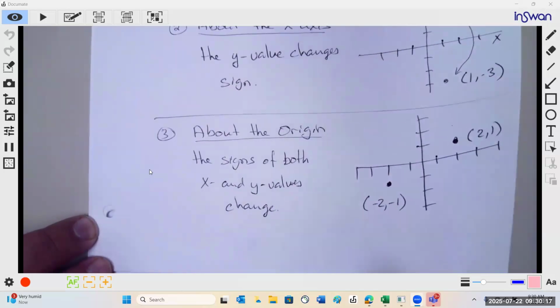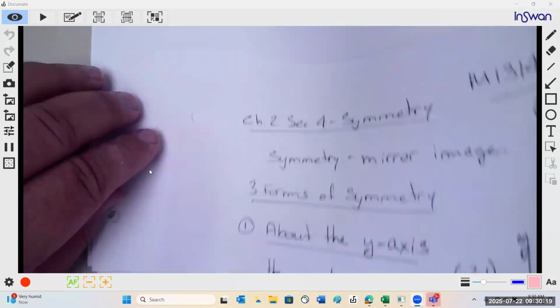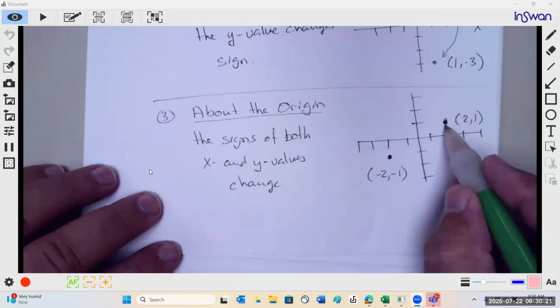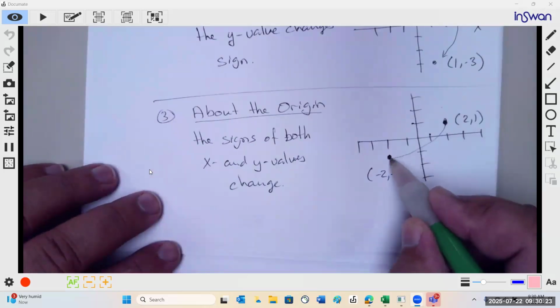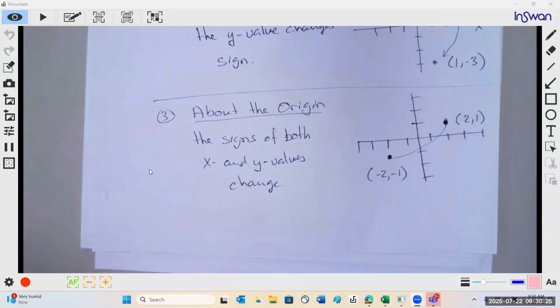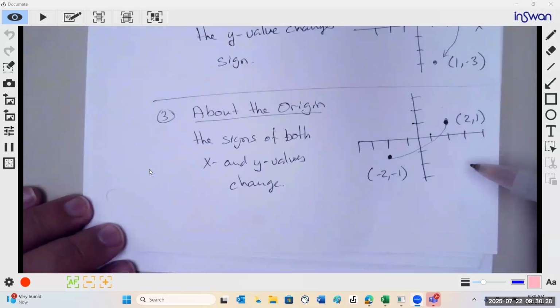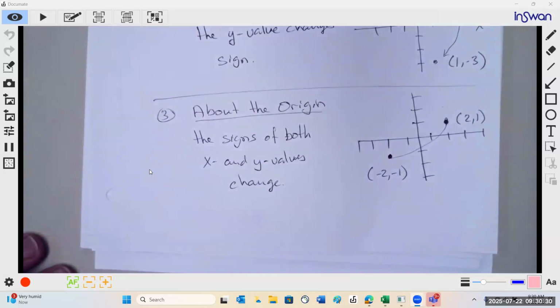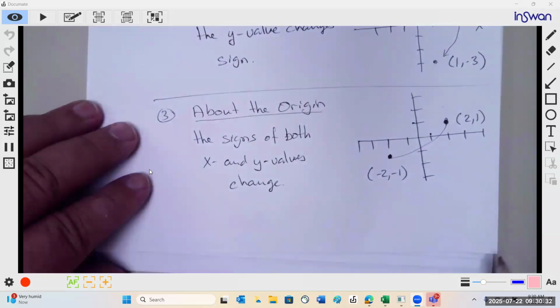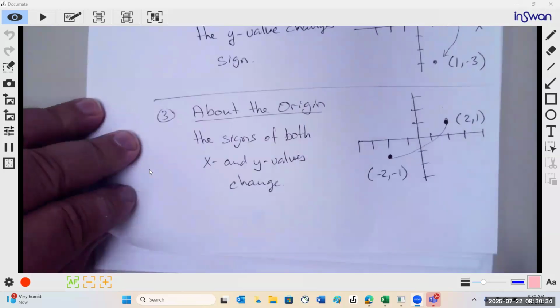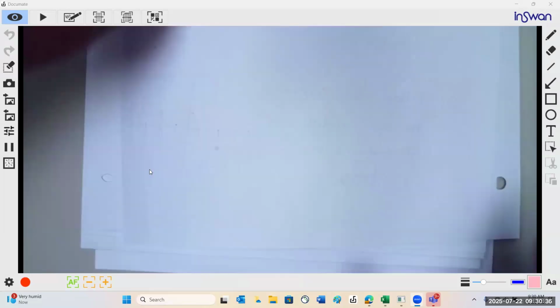Let's see how we can test this. So this is about the origin. The way you can look at it is it flips across the x-axis, then it flips across the y-axis. Or vice versa, the y-axis, then the x-axis. So let's look at an example here.